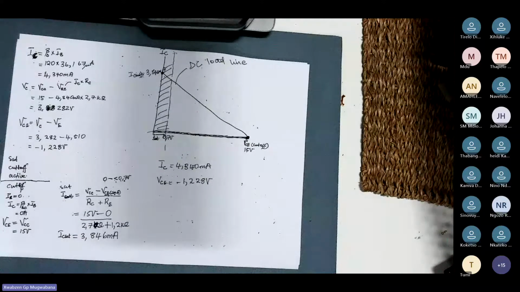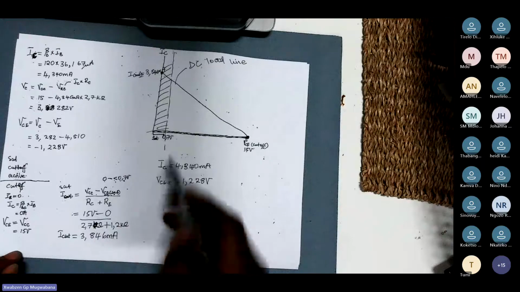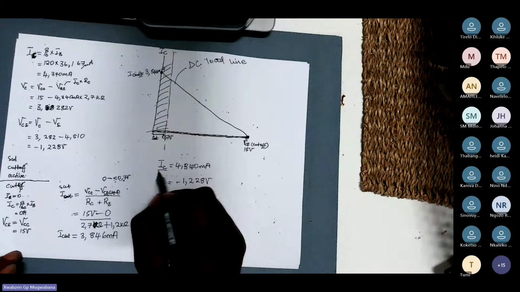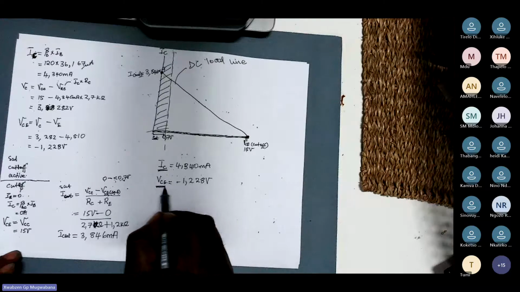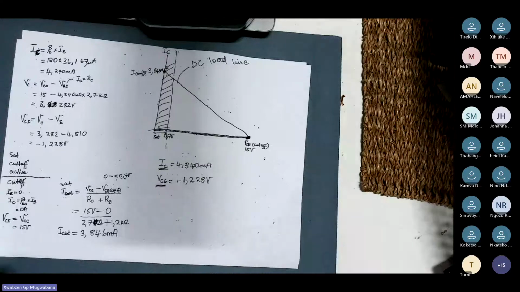Volts. Okay. Now, remember, when your transistor is operating, your transistor will remain at saturation if the following is occurring. Look at your IC, which is the operational IC. Do we understand each other? This is your VCE, which is the operational VCE.